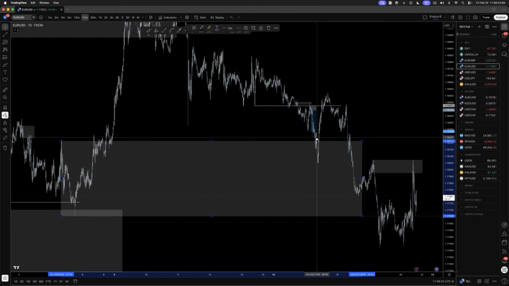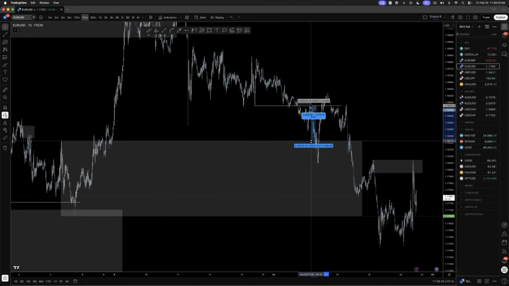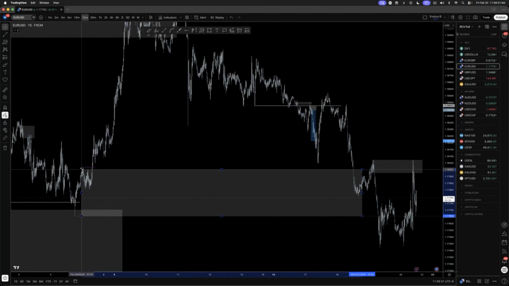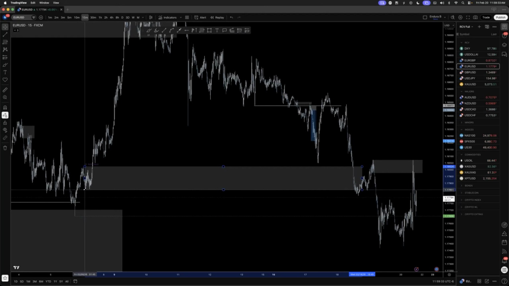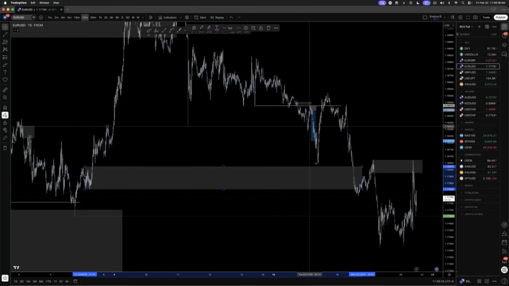But because we were coming into this POI, this was actually my second take profit. Once we hit that overall sell to buy, I'm then looking at the refined sell to buy. And this was actually going to be my last target, but then it ended up trailing back.